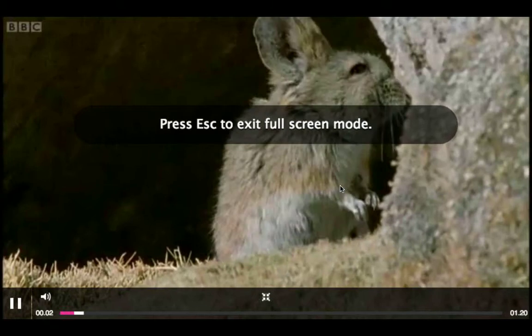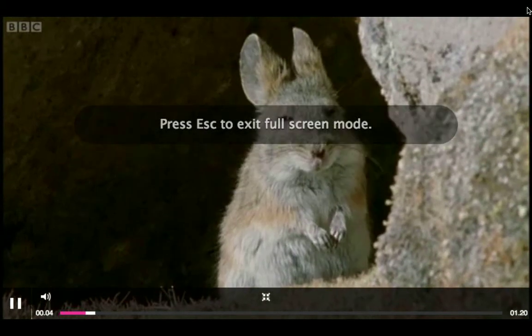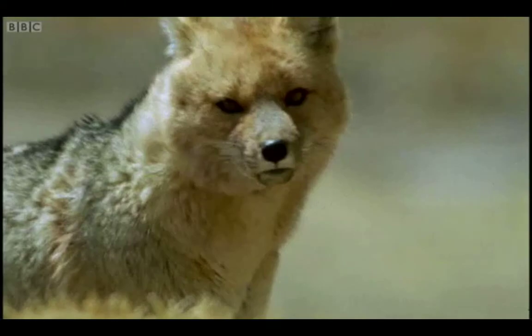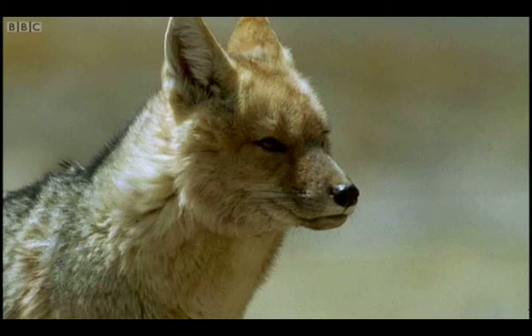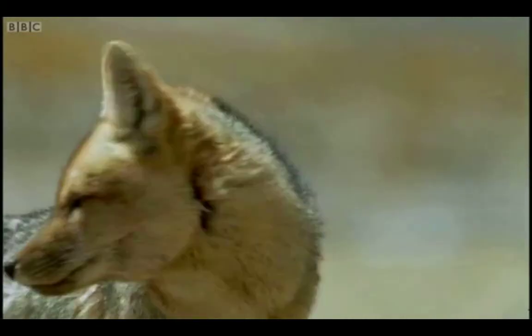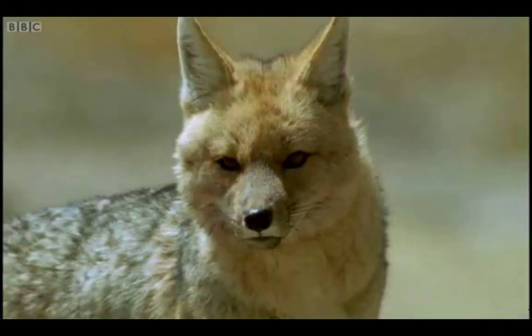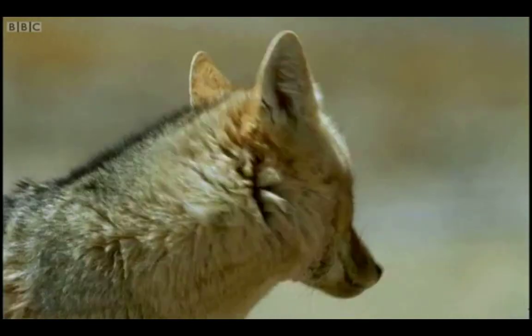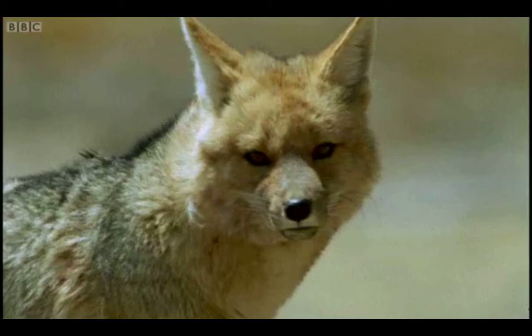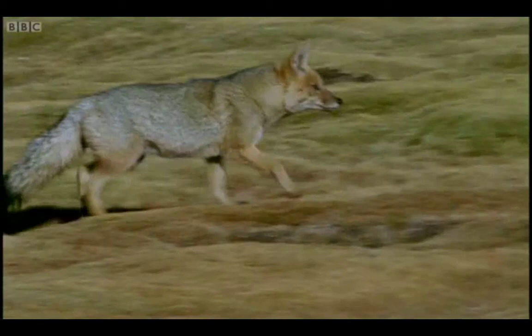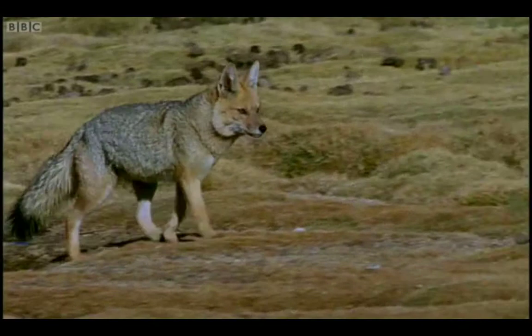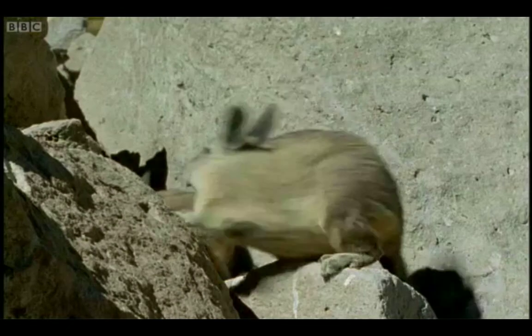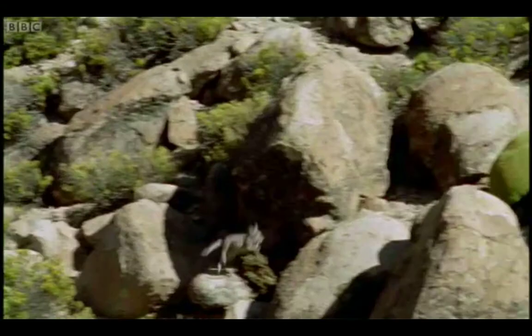Deciding whether to use hard-won energy reserves can be a matter of life and death. The arrival of a red fox means it's decision time. Up here the air is so starved of oxygen that a sustained chase is impossible. The fox has to try and take its prey by surprise. Not easy in this open country. The viscachas are rarely more than a short dash from safety.